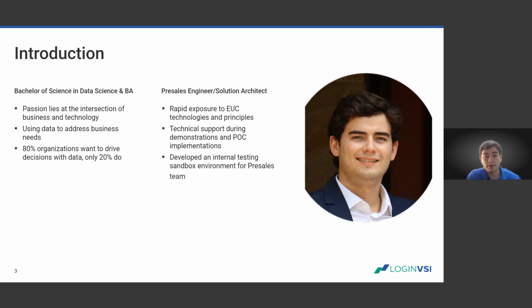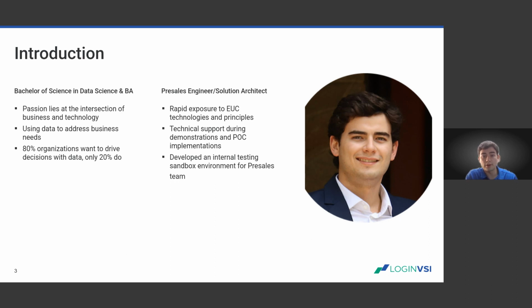That being said, I really wasn't sure what angle I wanted to take until I was introduced to Login VSI. When I first joined and began to really understand and learn about the technology and how it worked, I almost instantly recognized the value of the actionable data that was collected. I'm always reminded of the 80-20 principle, and I have here that 80% of businesses want to use data to drive their decision making, but only 20% actually do.